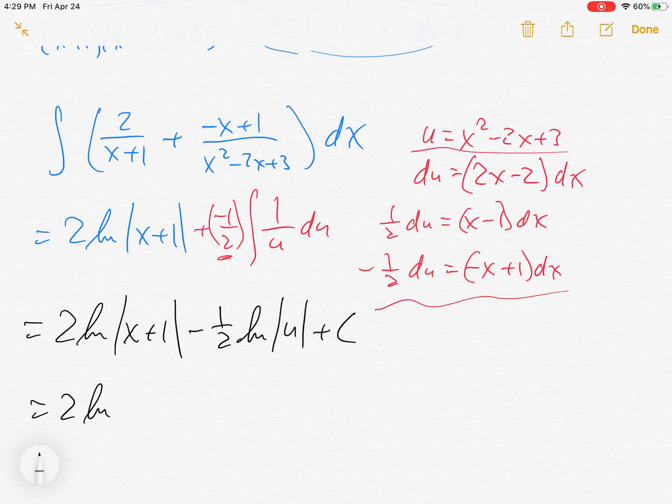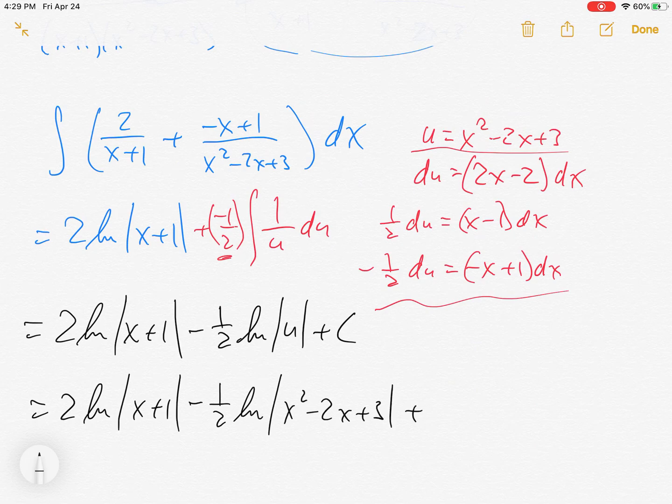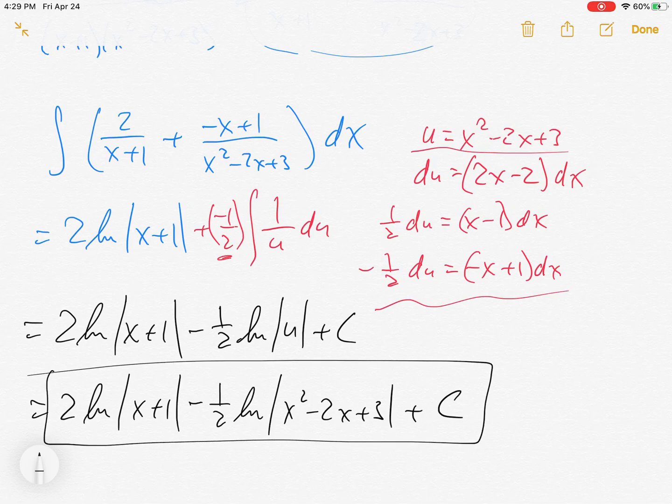Okay, let's get back to, so we have 2 natural log x plus 1 minus 1/2 natural log of u plus c, and finally plugging back in for u, 1/2 natural log of x squared minus 2x plus 3, and that's what I got.